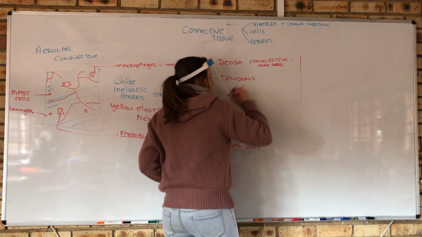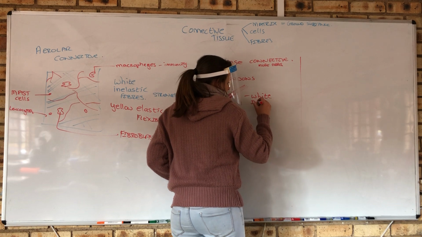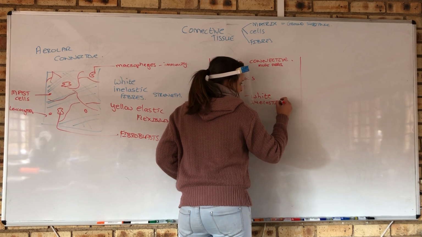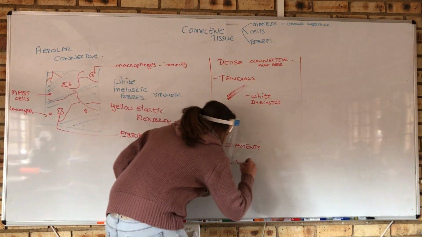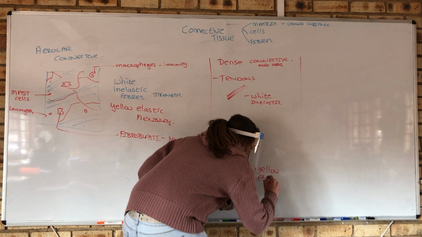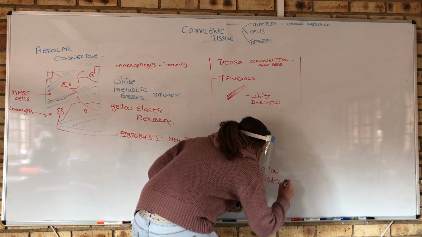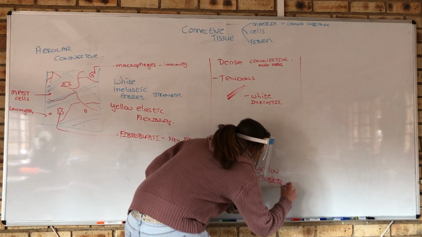So tendons are made up of predominantly white inelastic fibers, while ligaments are made up of predominantly yellow elastic fibers.